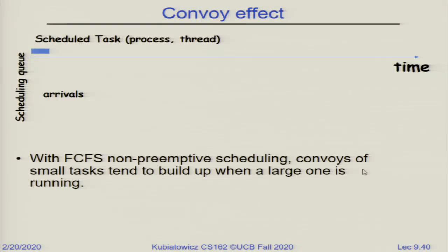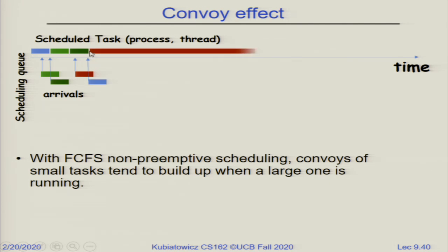And so here's the convoy effect. So notice what happened here. We've got a short job running, and the green job arrives. It gets to run as soon as the blue one's done. Here's another one that arrives. Okay, we're kind of making nice progress. Notice how things are arriving. Suddenly we've got red. Okay, so the red job is long.